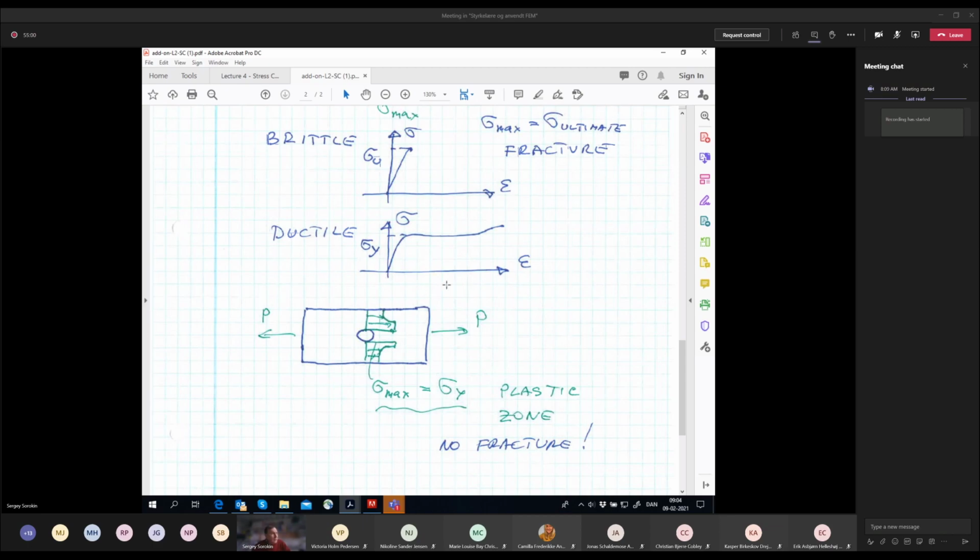This is something we have to be fully aware of: if in our standard quasi-static testing we see a very nice yield deformation, it doesn't guarantee that it's going to be equally nice in real life.